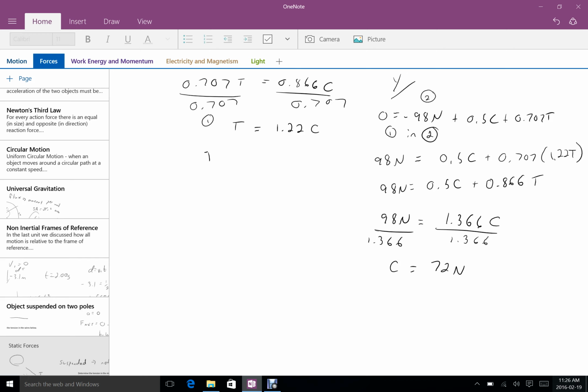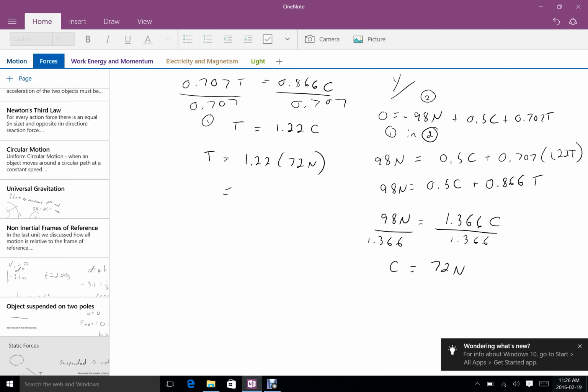So if my compression is 72 newtons, I can go back to my original equation and see that my tension is 87.5 newtons. So I've got a tension of 87.5 and a compression of 72 newtons.